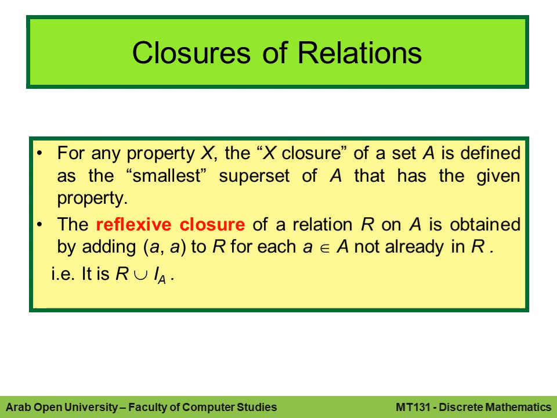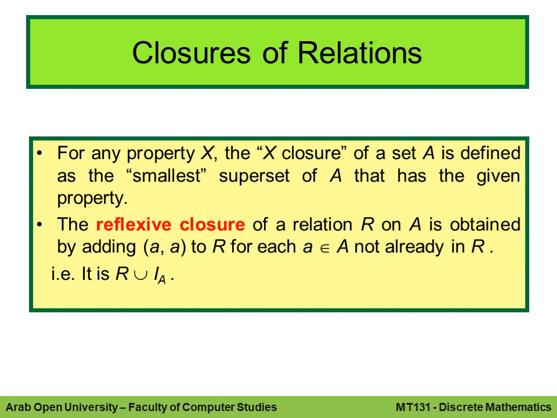In general, for any property X, the X closure, for example, the reflexive closure or the symmetric closure, of a set A is defined to be the smallest superset of A that has the given property.